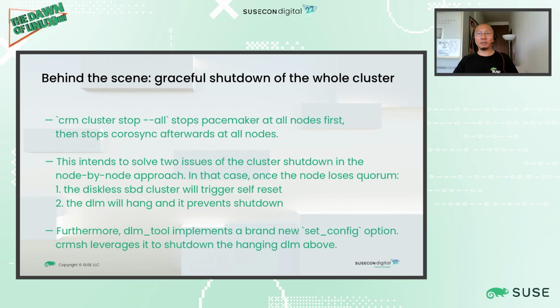To shut down the DRBD clusters, furthermore, the DRBD tools implement brand new set config options, and the crm shell bootstrap functionality leverages these options to shut down the hanging DRBD in the above situation.